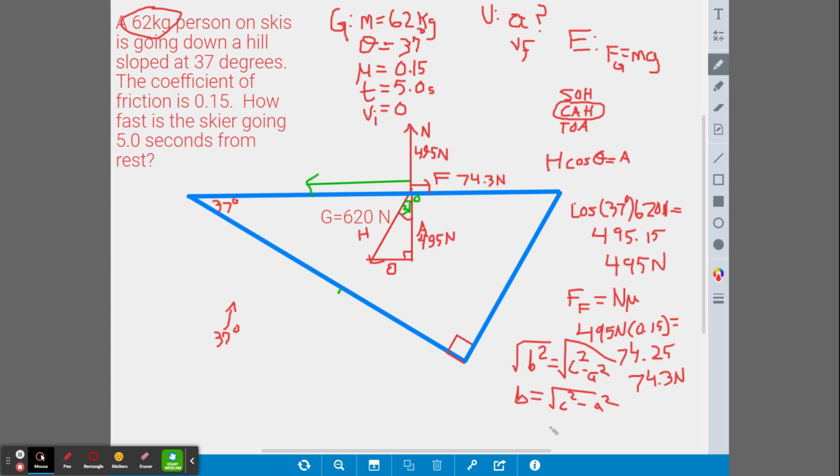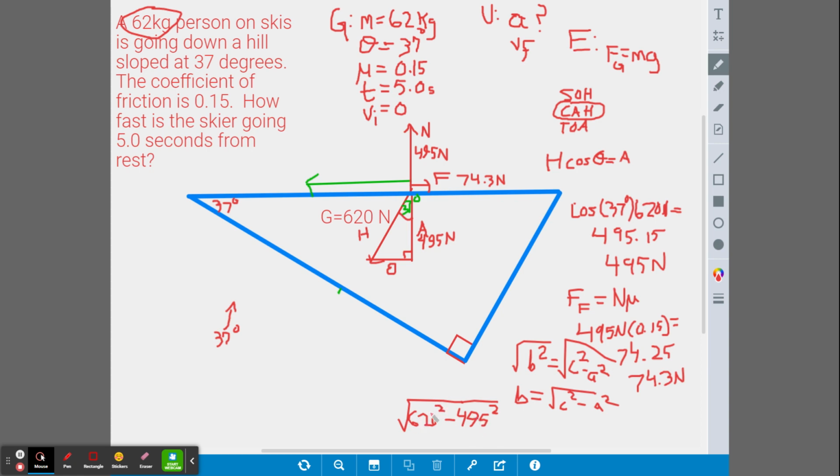And now I'm just going to plug in my numbers. So square root of 620 newtons squared minus 495 newtons squared.